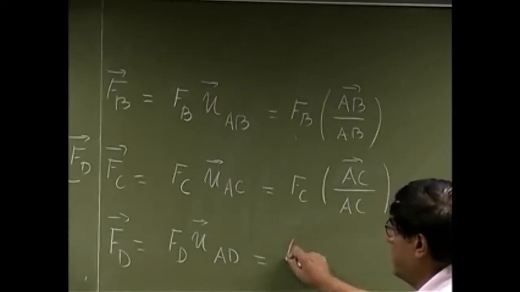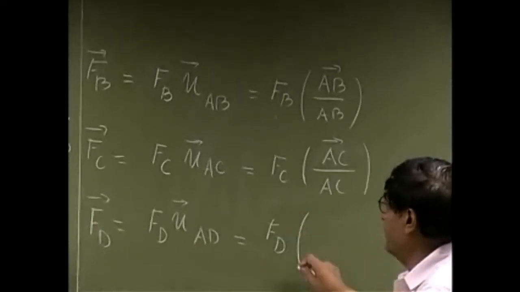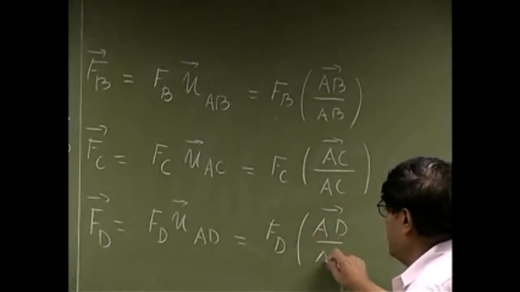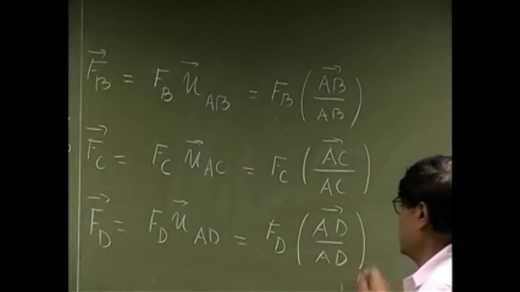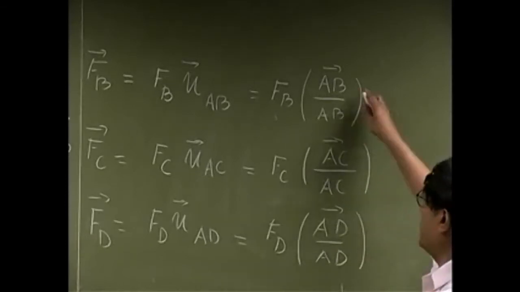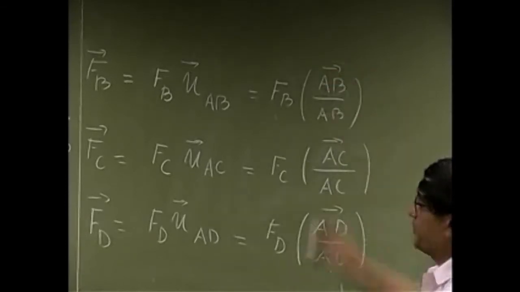Same thing is going to be true here. So you have Fd, and you're going to go from AD and divide by its magnitude. That's going to be AD. So those are straight equations, and now we need to find the vector AB.